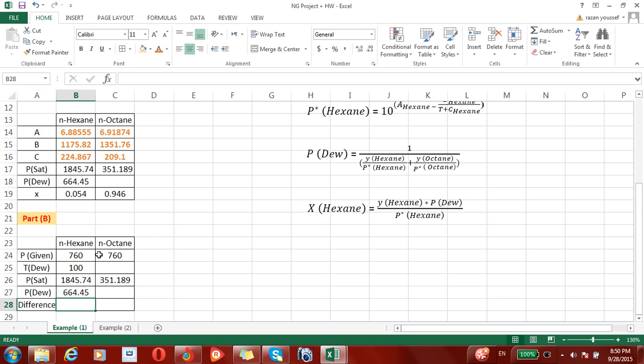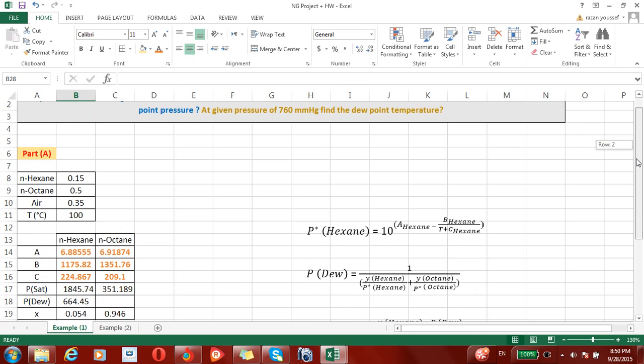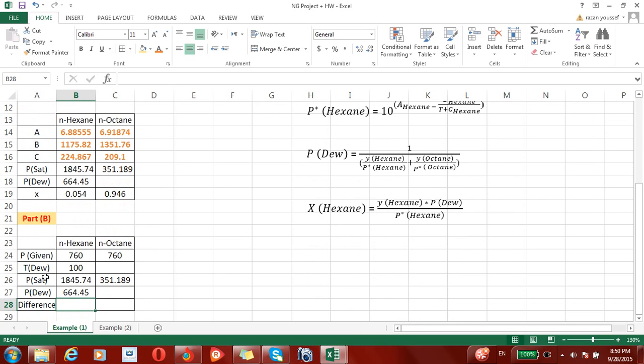Now, how am I going to find the right dew point temperature? I will find the difference between the P given that they gave me and the P dew that I found from my equation, and I will square it because we don't want a negative value.